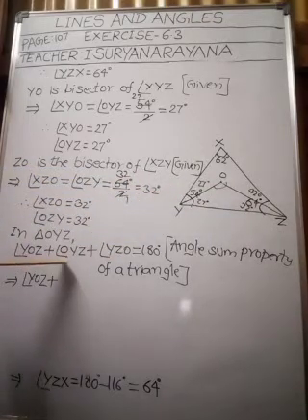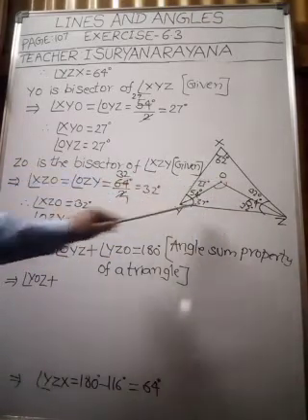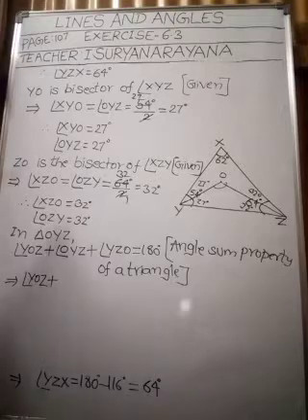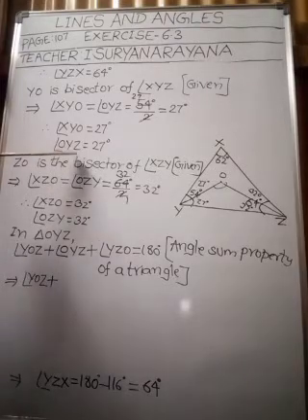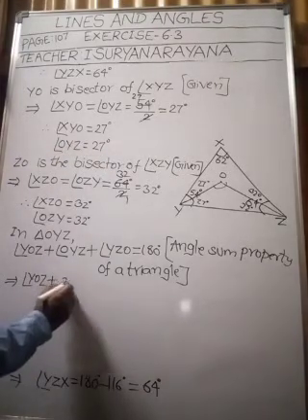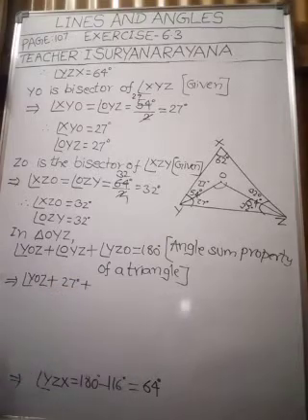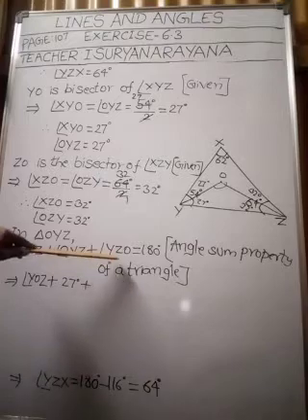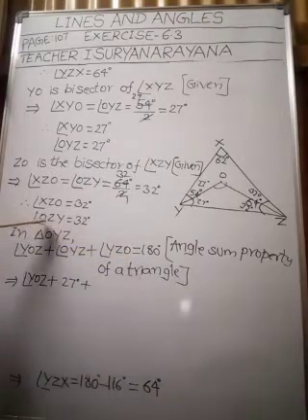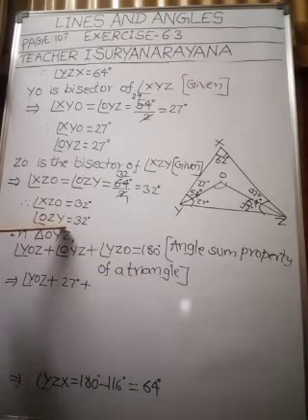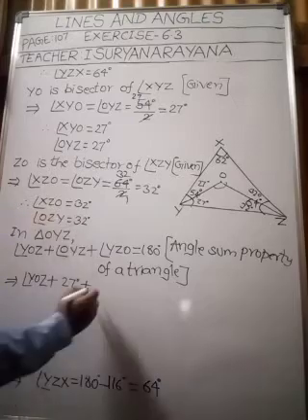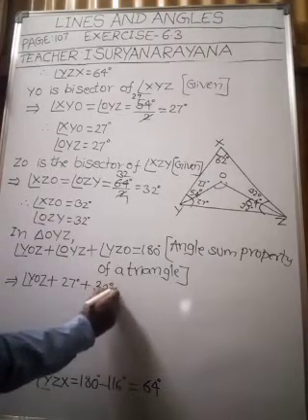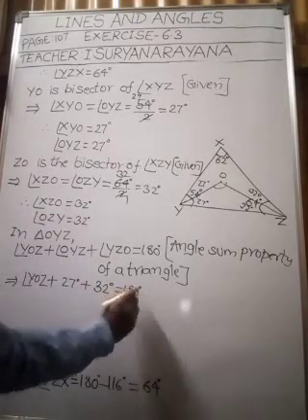Come to angle OYZ, it is 27 degrees. Understood this step, my children? Right. Angle YZO, or angle OZY, both mean the same, 32 degrees. So angle YOZ plus 27 plus 32 is equal to 180 degrees.